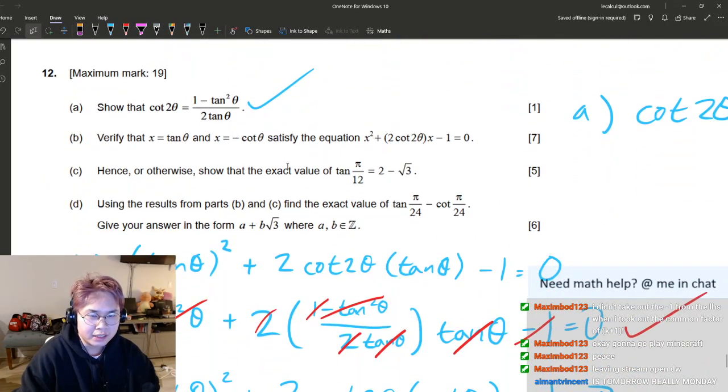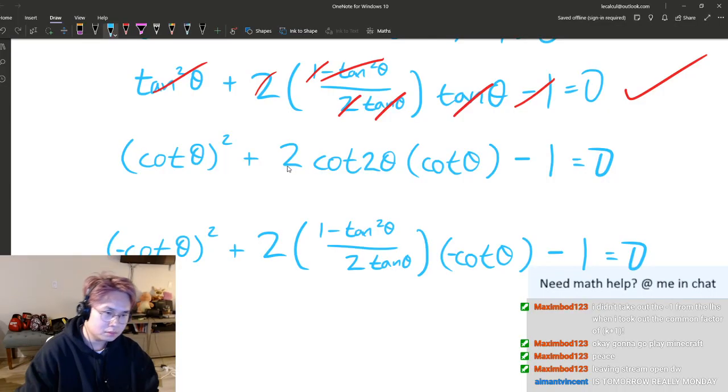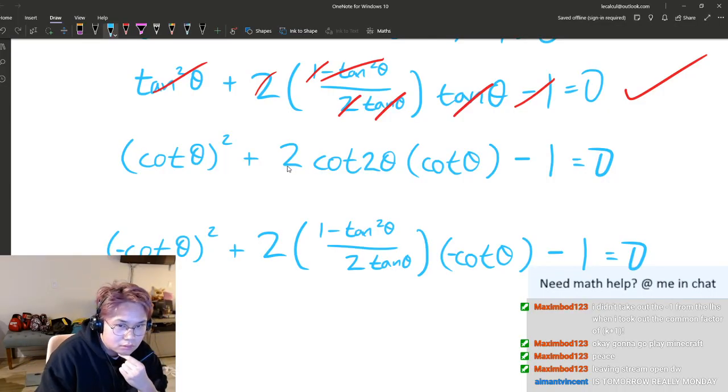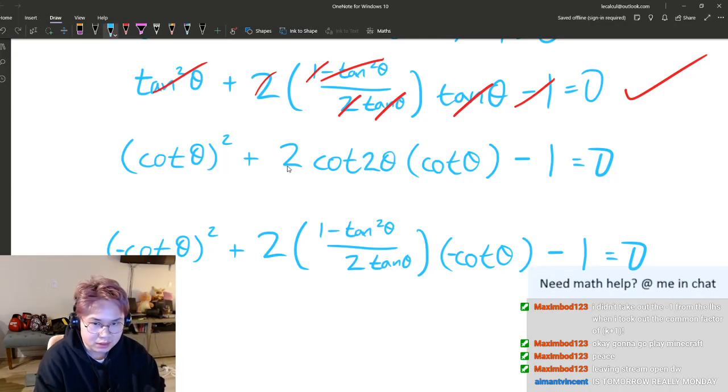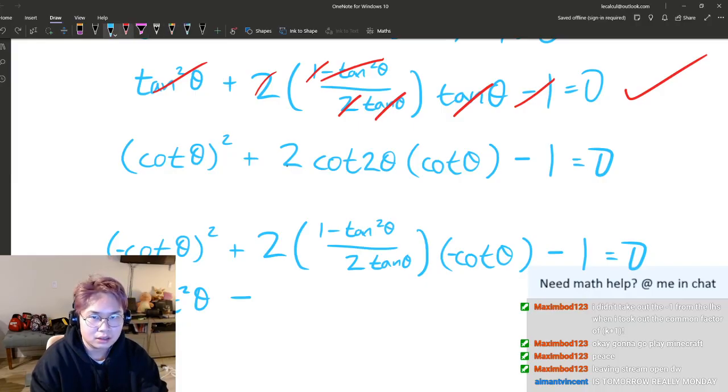Oh, I need to plug in negative cotangent, so make sure that is happening. So what is this? Cotangent squared. And then this is just going to be a minus 2. This is 1/10, so then, well actually, okay.